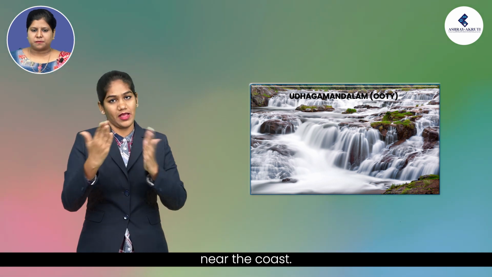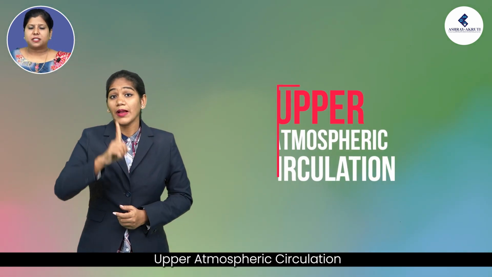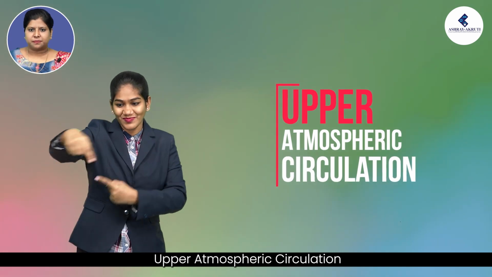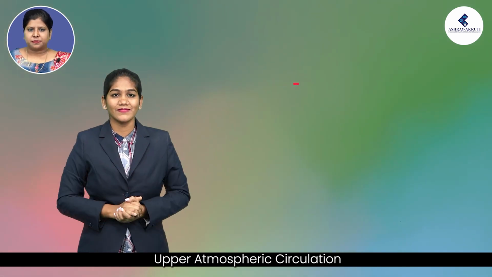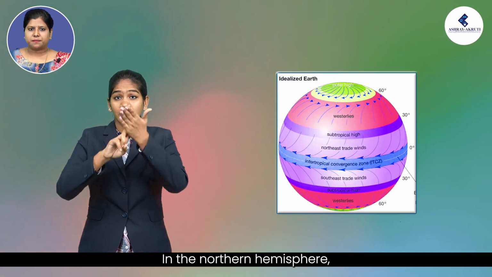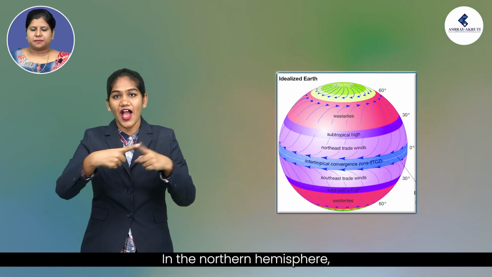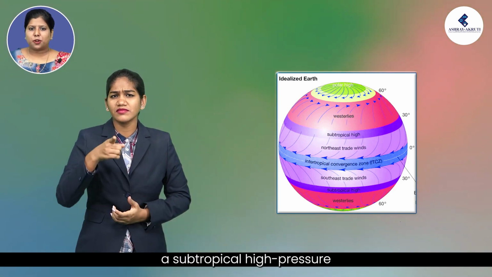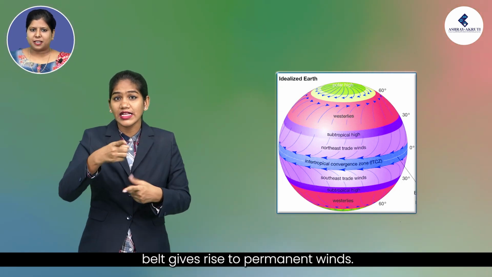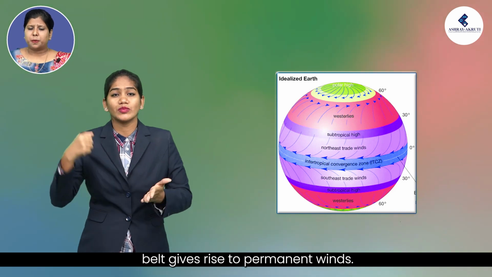Upper atmospheric circulation. In the northern hemisphere, a subtropical high pressure belt gives rise to permanent winds.